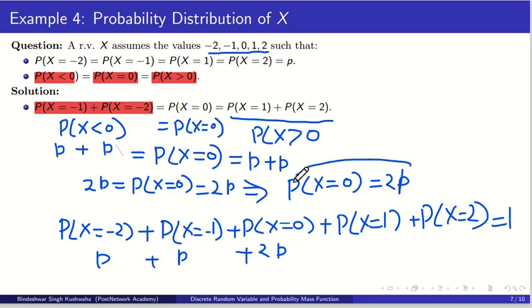From here you can see that, and that is again P and P, so that would be equal to 1.